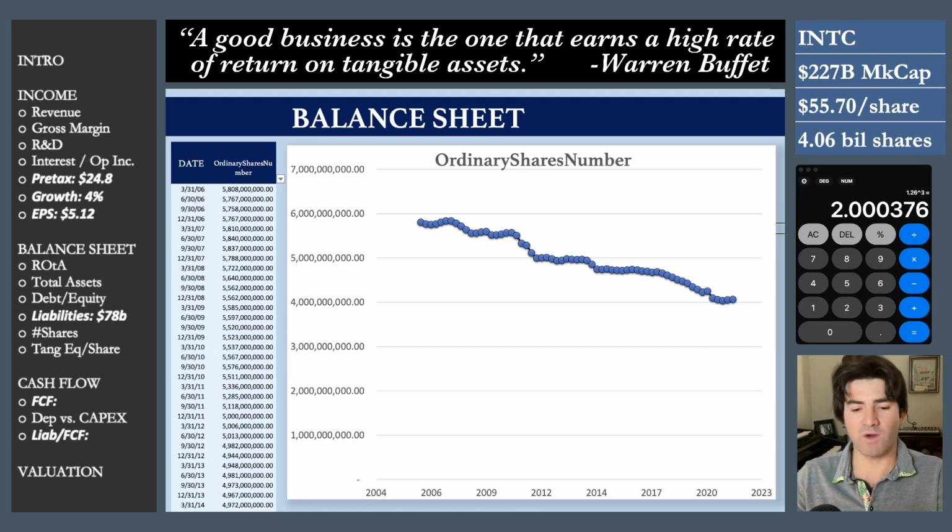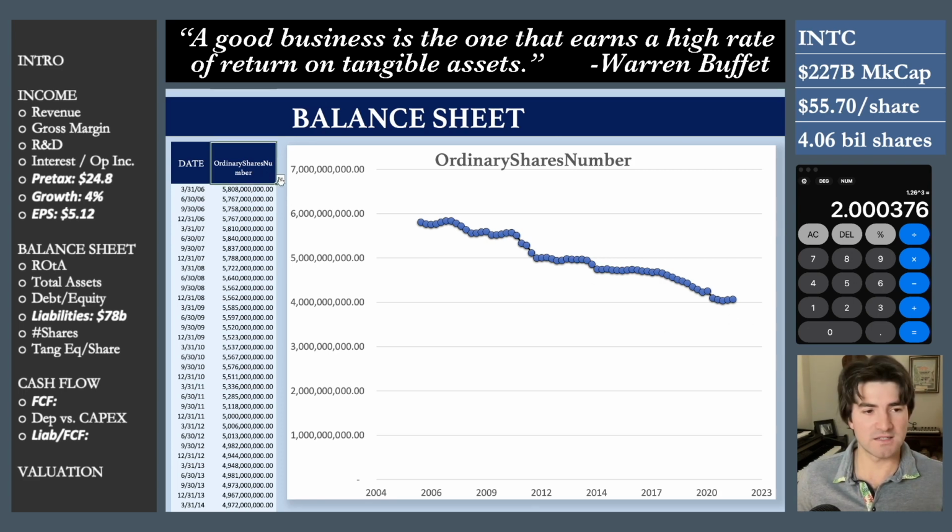If management is rational, which I understand is not always the case, they will buy back shares whenever A, they have money, and B, they also think that the stock is at a discount, and more of a discount than they can get by reinvesting that money into their business. So for example, if you're getting 20% return on assets and 20% return on incremental assets, meaning every asset you own, you're still getting 20% on that, why would you buy your own stock if you thought it was 10% discounted whenever you could reinvest in your business and get at least 20% on the money, right? So that's the real reason why I like seeing this going down. So this gets a check mark too.